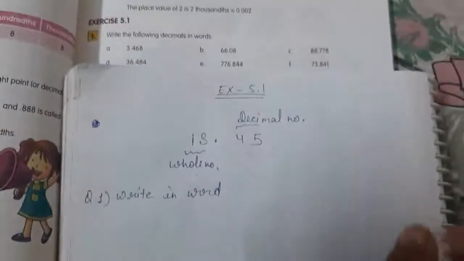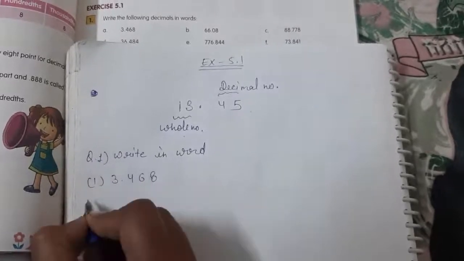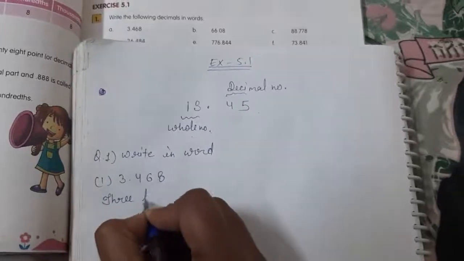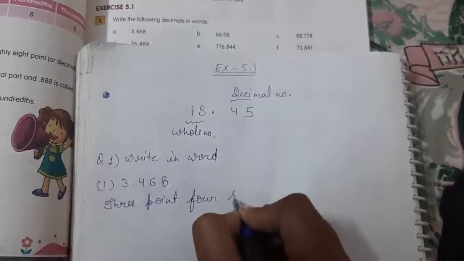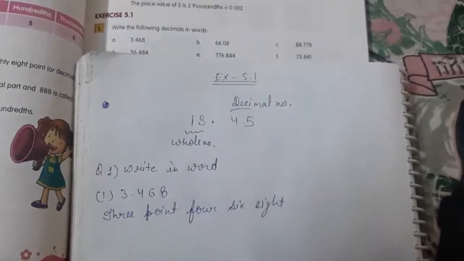So the first question is 3.468. How can you write it? Same as I am reading right now: 3.468. I hope you understand how to do these questions in words.